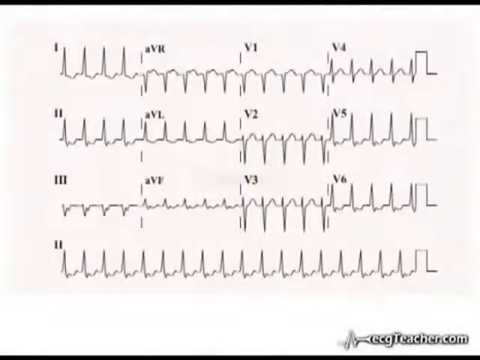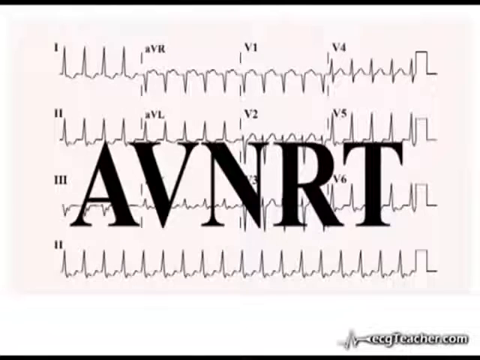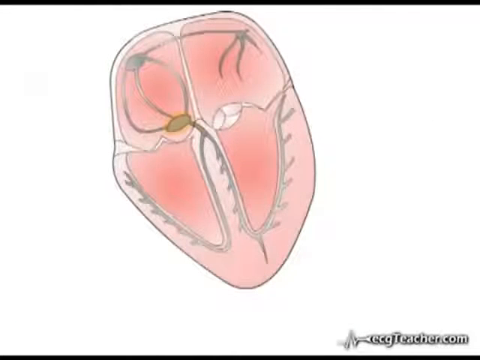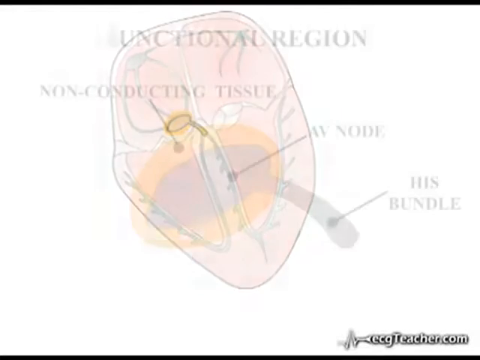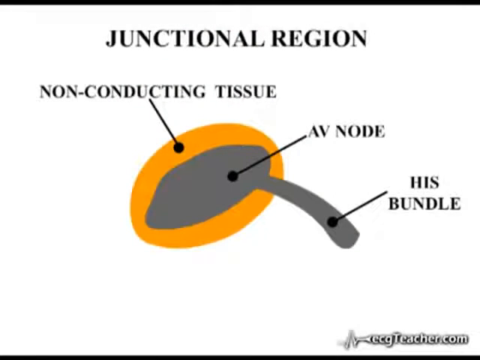Before we go on to explain the mechanism of AV nodal reentrant tachycardia, we need to look at the structure of the junctional region in a little more detail. Atrial depolarization is conducted into the AV node by a specialized tract of conducting tissue.